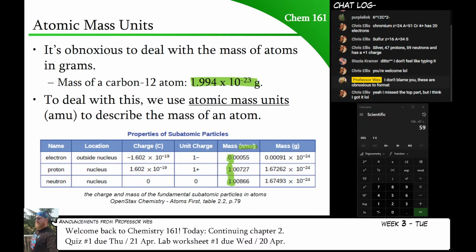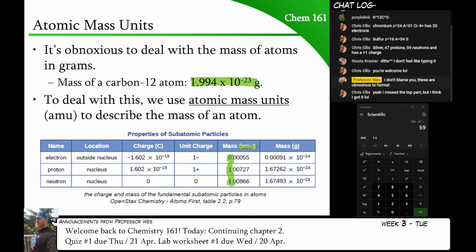For now, if you're just trying to estimate the mass of an atom in AMU, whatever A is, the mass number, that'll be the mass of the atom in AMU, and that's good enough to a first-order approximation. Later on in this chapter, when we're weighing atoms individually, we're going to want a bunch of decimal places, and so we'll consider that. And then way later in Chem 163, we'll actually come back and use the masses of protons, neutrons, and electrons. So just remember that each particle in the nucleus weighs about 1 AMU.